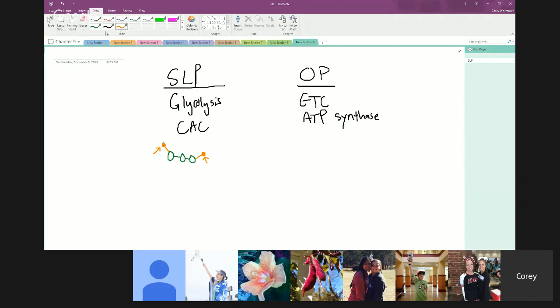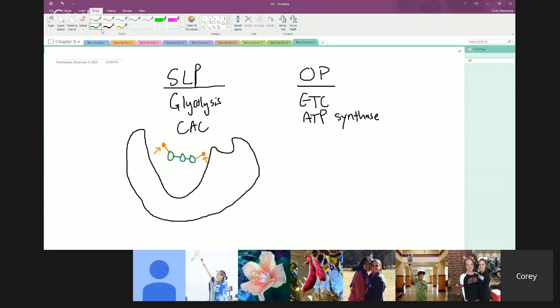But in substrate level phosphorylation, all that's happening is an enzyme, here's the active site, is binding to the molecule with the phosphates.